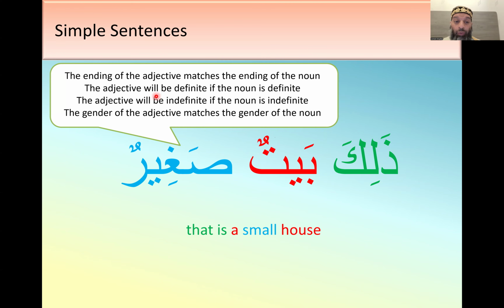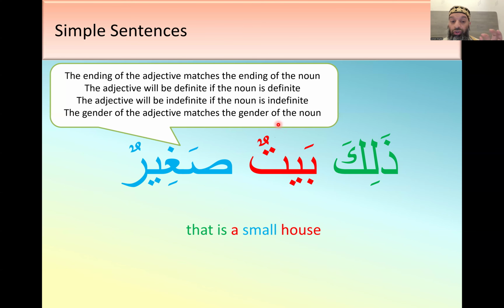The adjective will be definite if the noun is definite. Look, this noun is indefinite because it has no alif lam. So its adjective is also not going to have an alif lam.